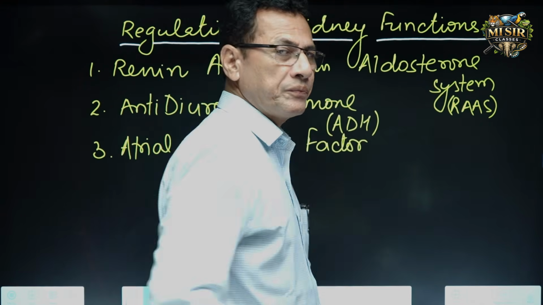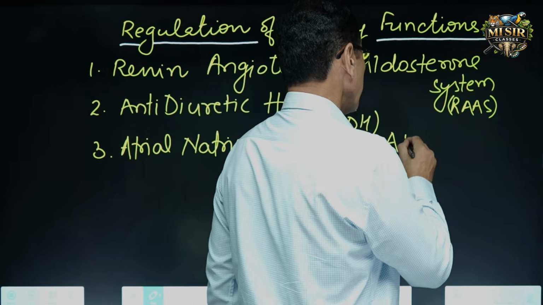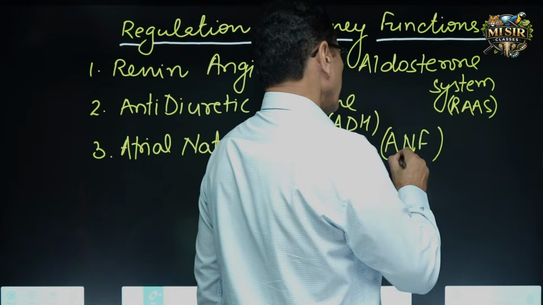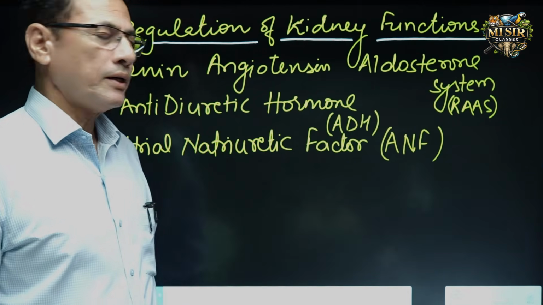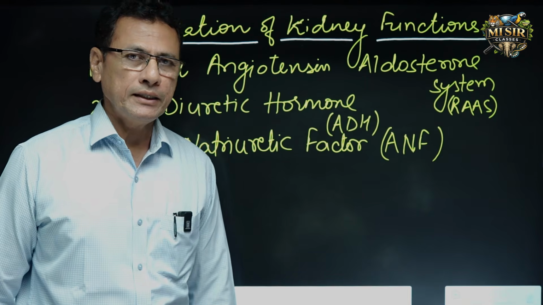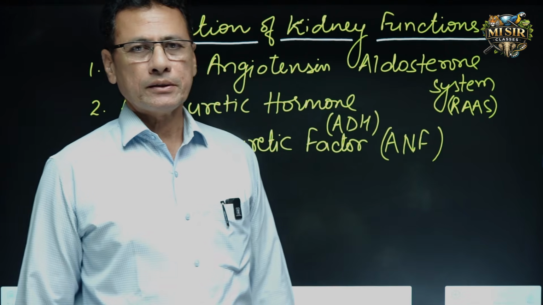In short, this is also called ANF or ANP. P is peptide, or it is also known as factor. So these are the three key mechanisms which are involved in regulation of kidney functions.